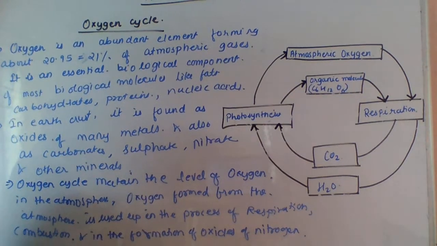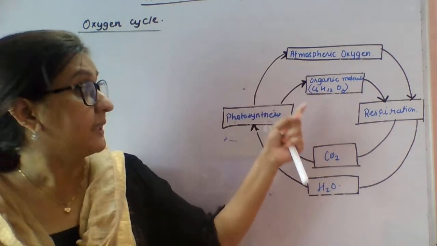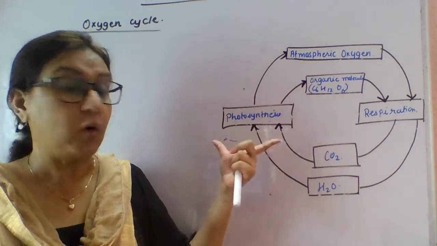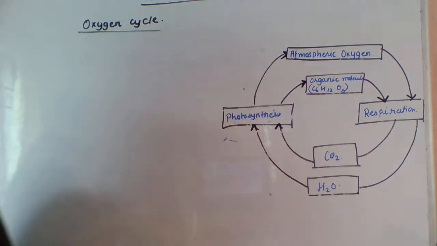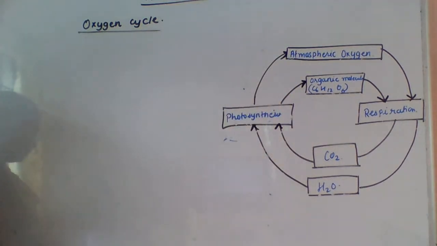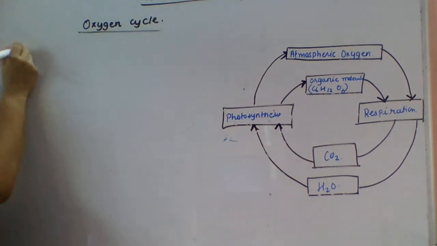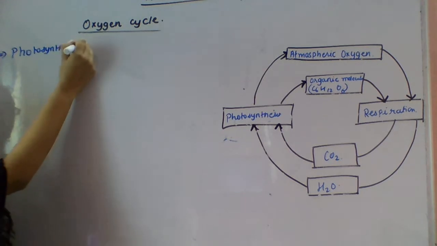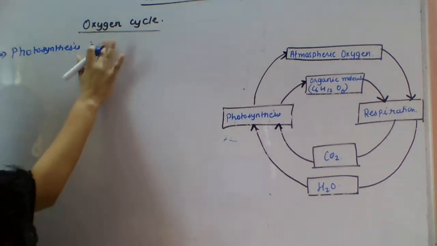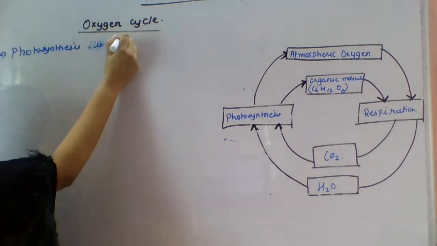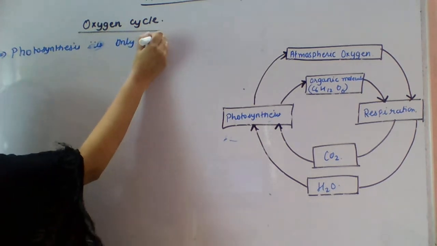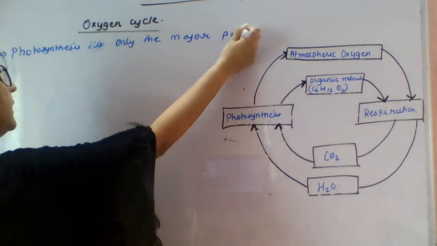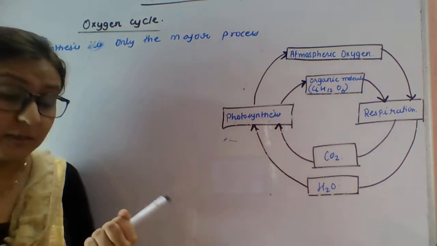Now see, students, I explained to you that photosynthesis is the major process from which the oxygen can come back to the atmosphere. So you can write it here: photosynthesis is the only major process. That's why we always say planting of trees is a must.